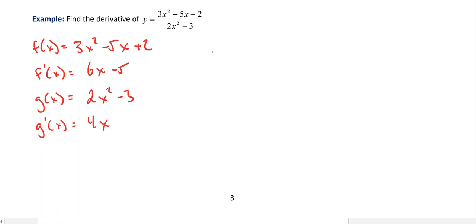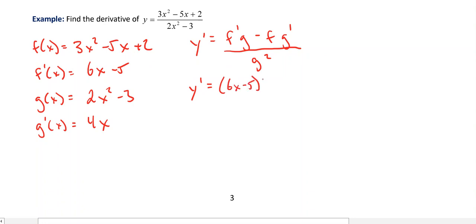Now we want to put it together in the rule. Y prime is equal to f prime g minus f g prime all over g squared. So that is going to look like f prime 6x minus 5 times g, and g is 2x squared minus 3, minus f, which is 3x squared minus 5x plus 2 times g prime, which is 4x.